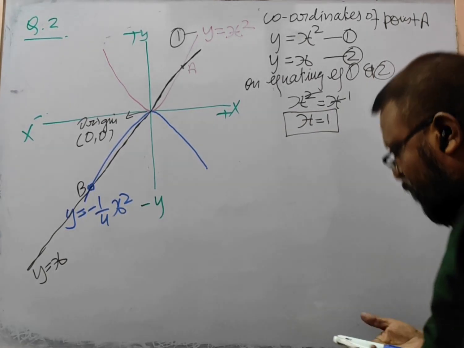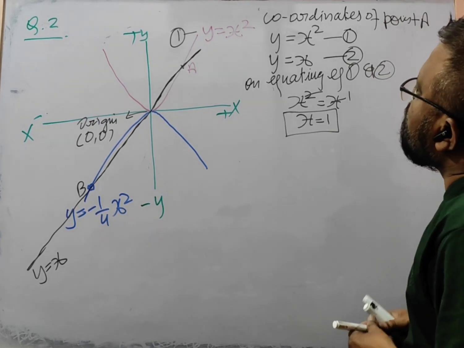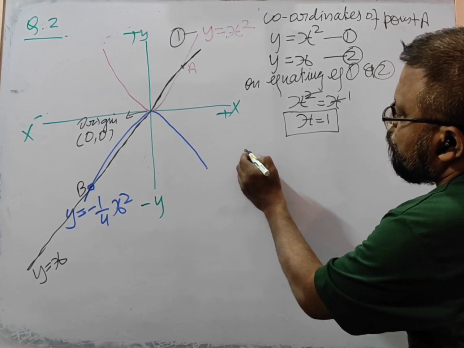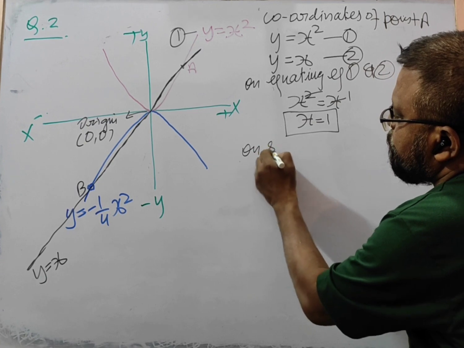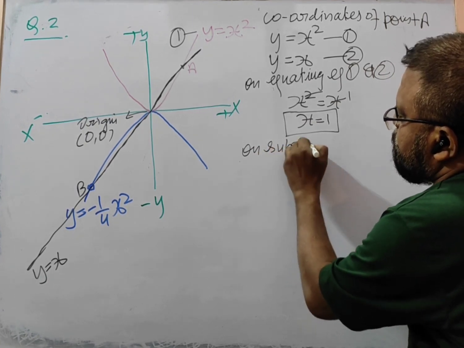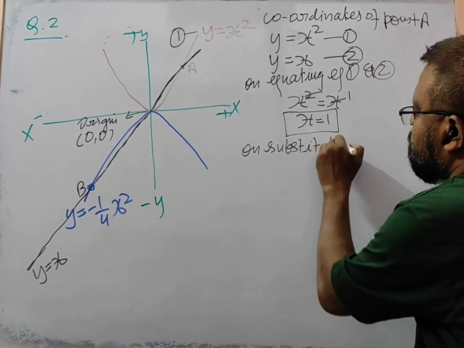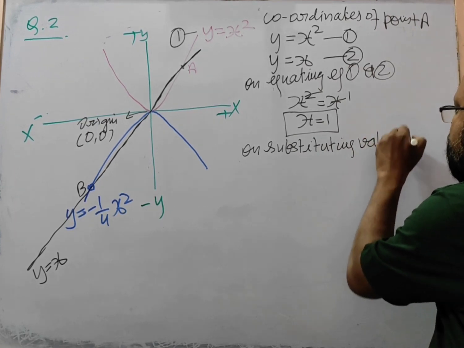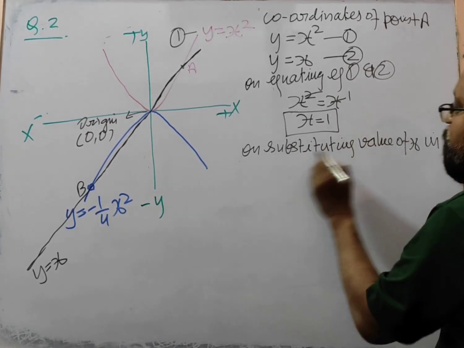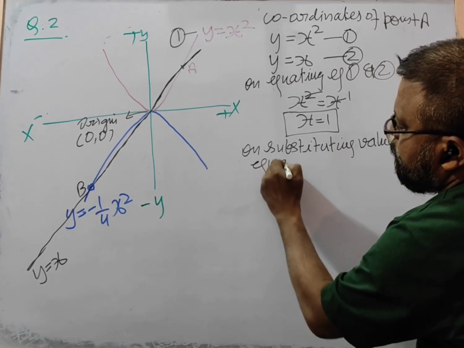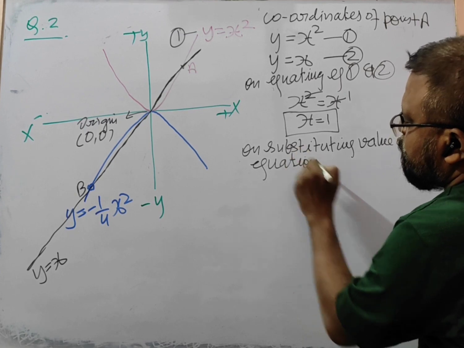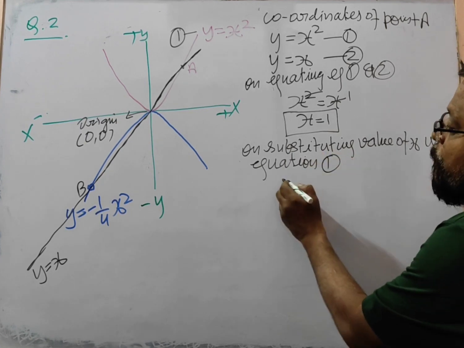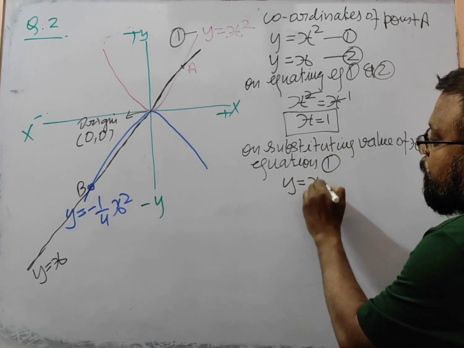When x is equal to 1, then on substituting the value of x in equation 1, that is y is equal to x square, right?